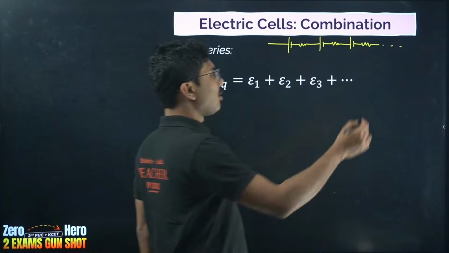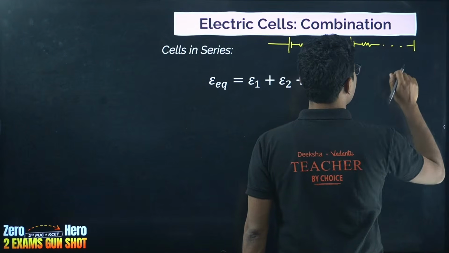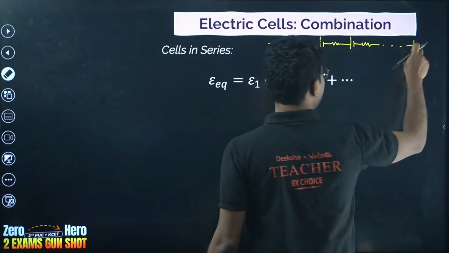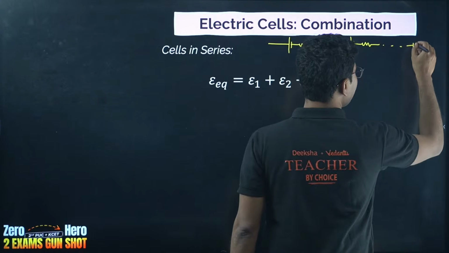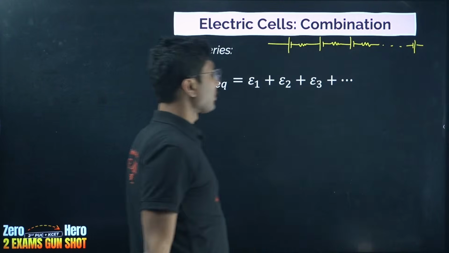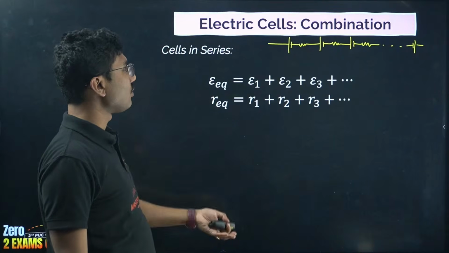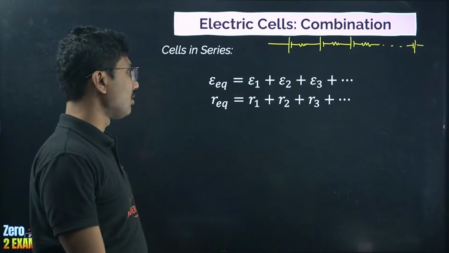Now if one of the cells is connected in the reverse order, you have to subtract it. The equivalent resistance is given by R equals R1 plus R2 plus R3 plus dot dot dot.